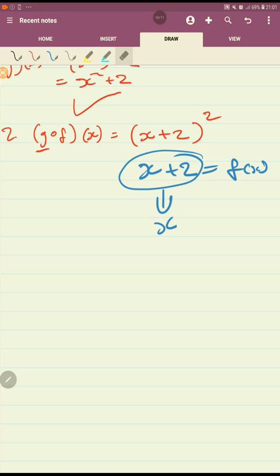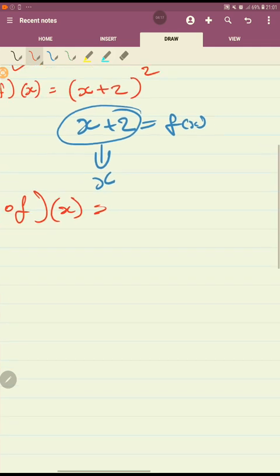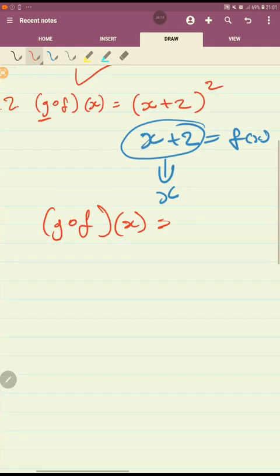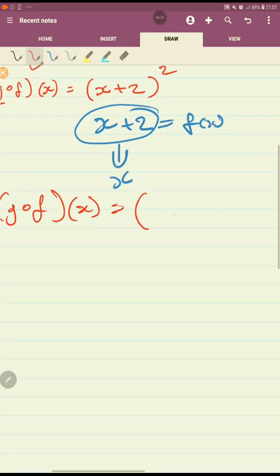Let me write that equation again. I'm going to show you the value of g using the red pen. This is g, which is just x squared. But because now we need to substitute x as f, we cancel that.